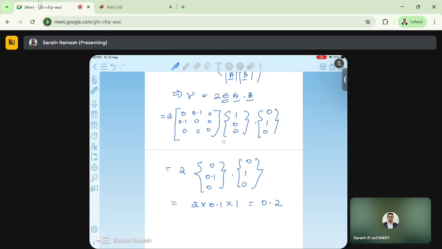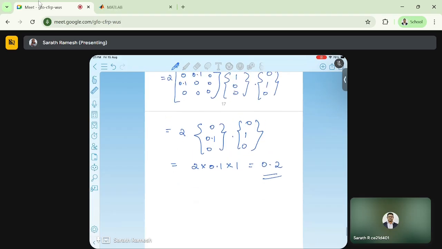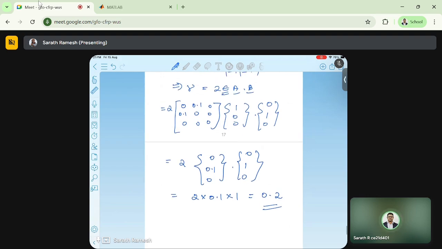Just a second. Let me check. Okay. What I was thinking was whether this 0.2 was in degrees or in radians.